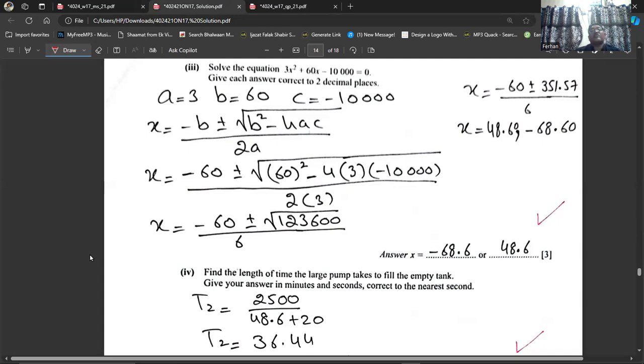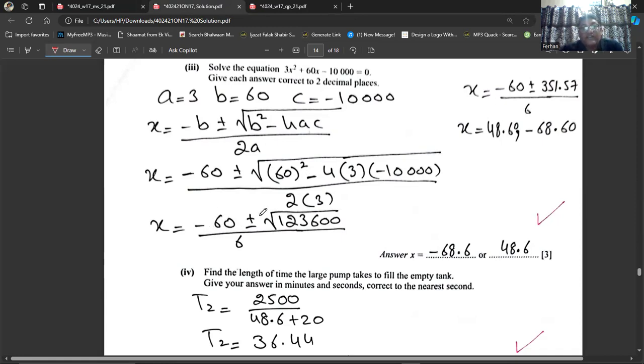So x is equal to, applying the quadratic formula, minus b plus or minus the square root of b square minus 4ac, the whole thing divided by 2a. So it will be minus 60 plus or minus the square root of 60 square minus 4 into 3 into minus 10,000. So you will have 123,600 under the radical sign.